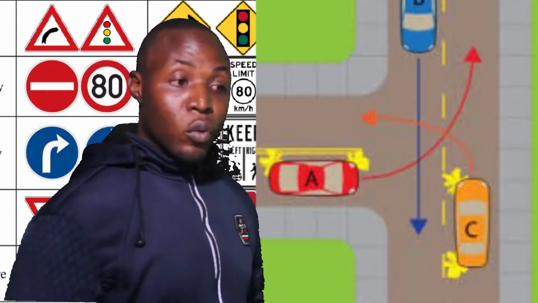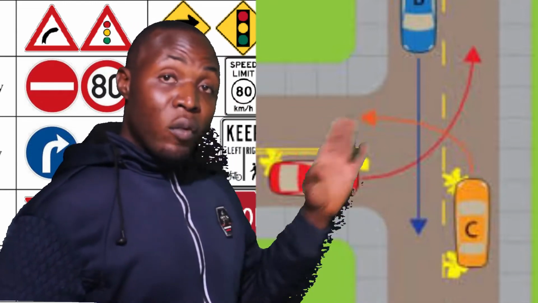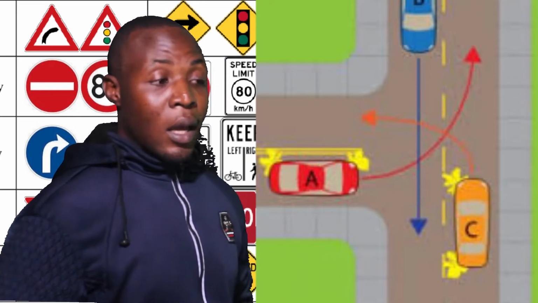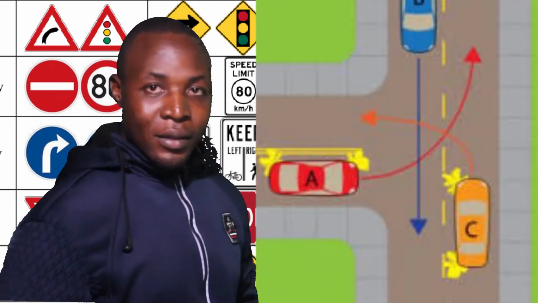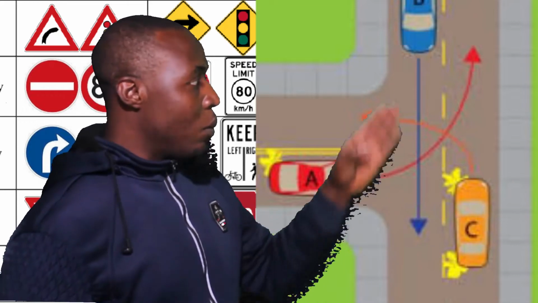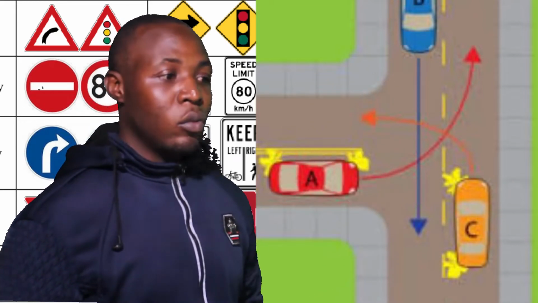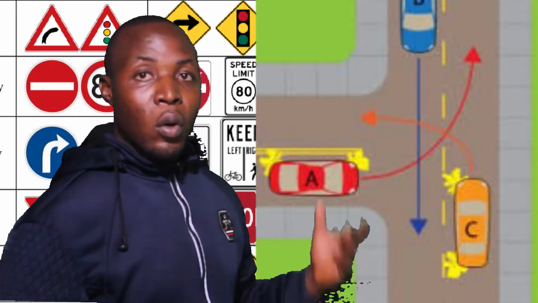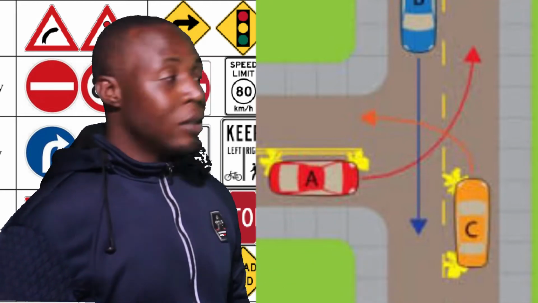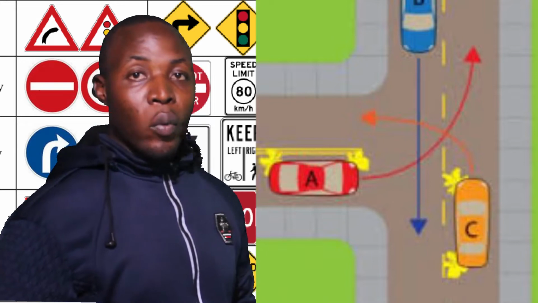So on this road, the blue vehicle has the right to pass first. The blue vehicle will pass first. Second, the yellow vehicle will pass, and third, the red vehicle will pass.